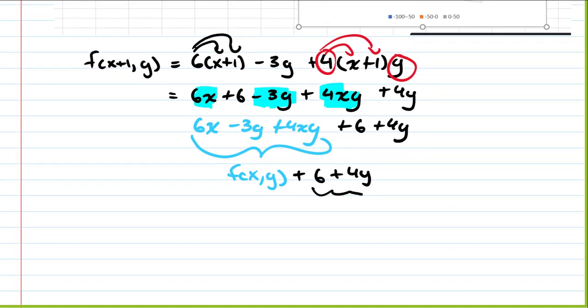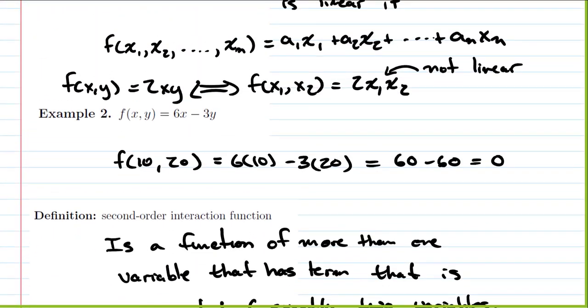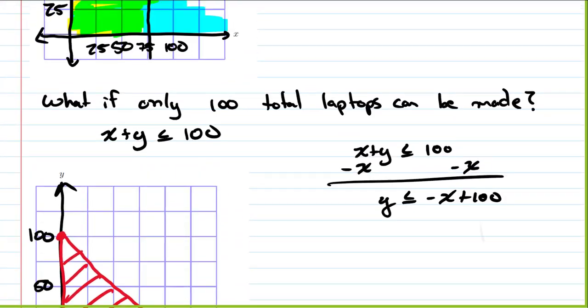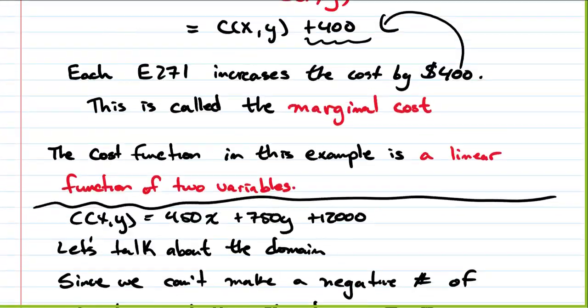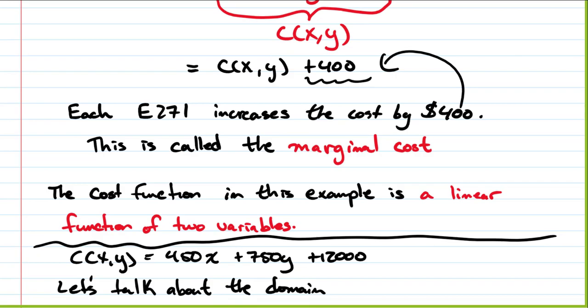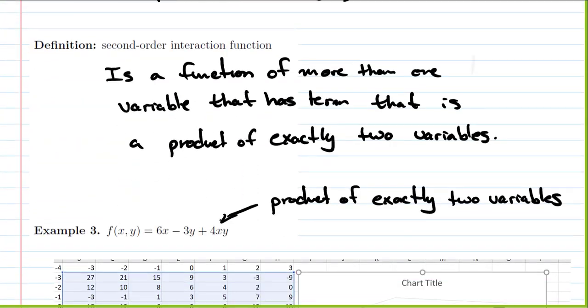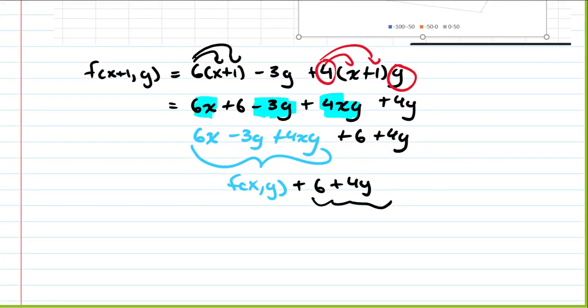Then this term is going to be like what we saw above when we figured out our marginal. Where did we put that? All the way back up here, our marginal cost. So this is the marginal cost of x.